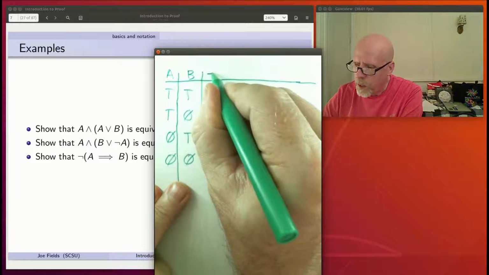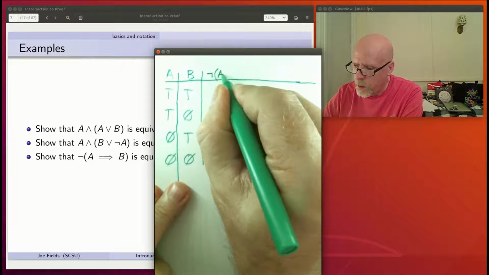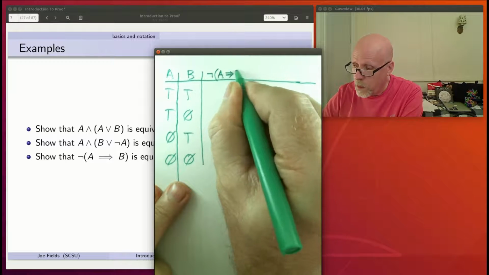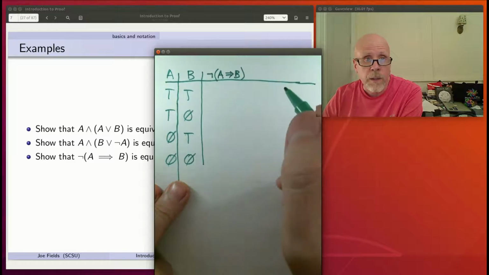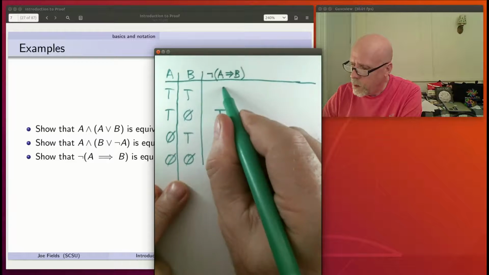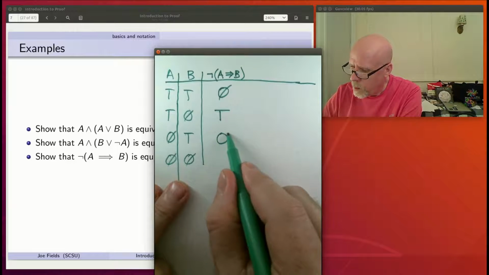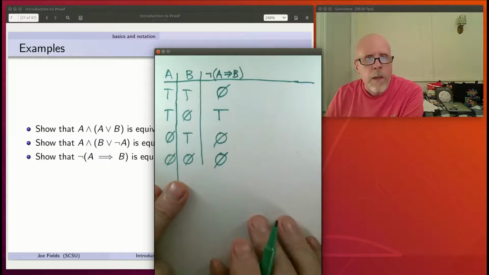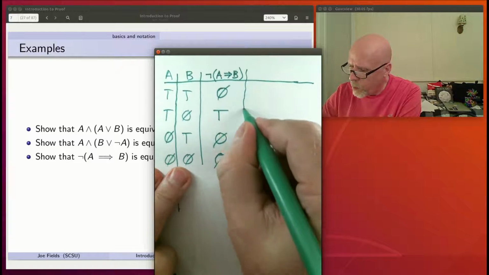So how is the negation of that going to look? Just switch all the T's to F's and all the F's to T's. There's only the one F, so it'll be T here, and it'll be F here, here, and here. That wasn't so bad. We could figure that out pretty quickly.